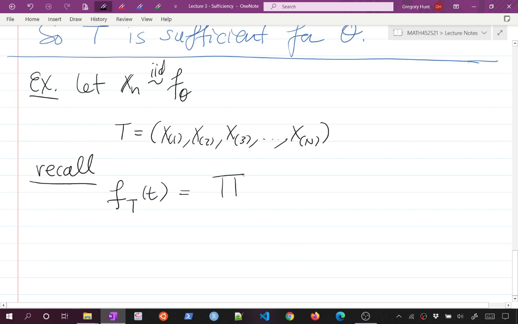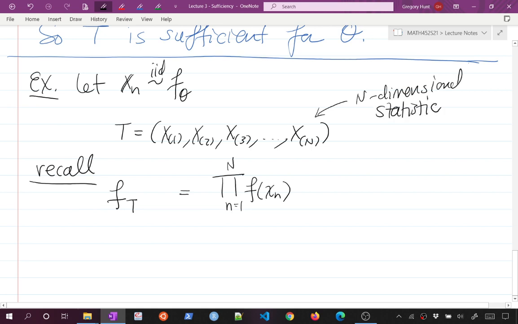If we just look at the joint distribution of the data, it would just be this, the product from i equals 1 to n. And if we want to look at the joint distribution of the order statistics, so here we have a bunch of order statistics, right? So T is a kind of n-dimensional statistic.